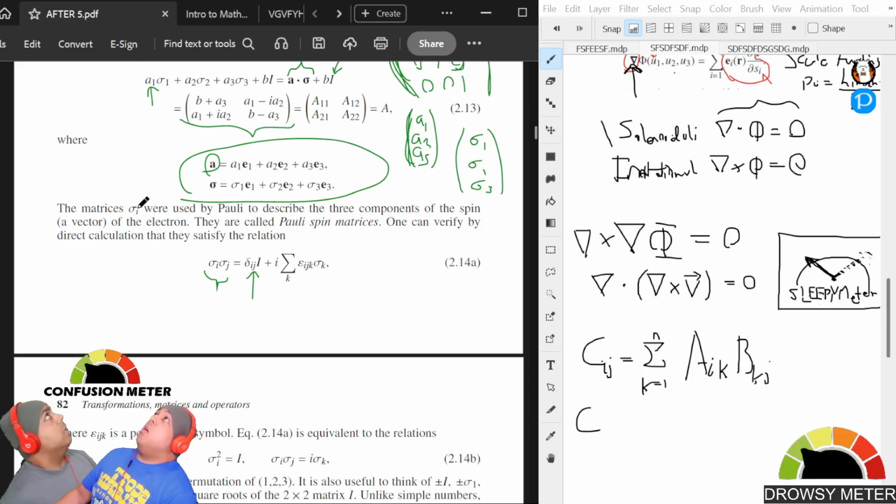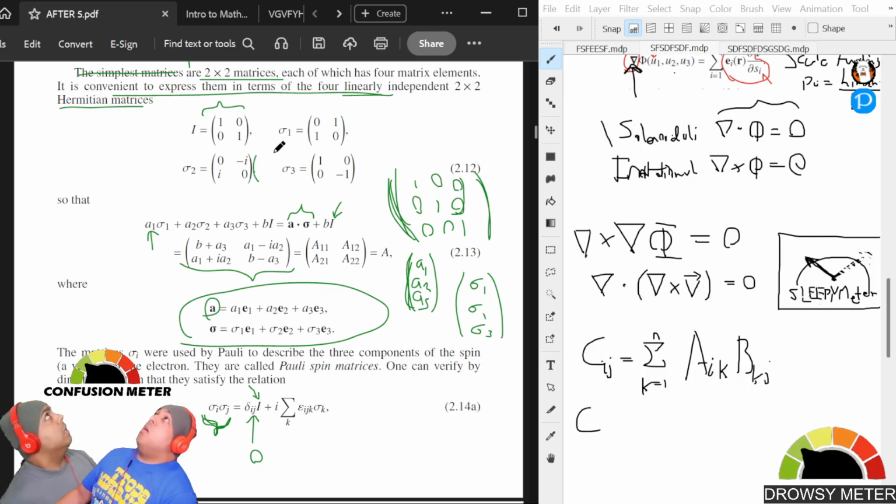I not equal j means this goes to 0. So we want these to be the same, I guess. If these are different, it's 0. If these are the same, we get the identity.